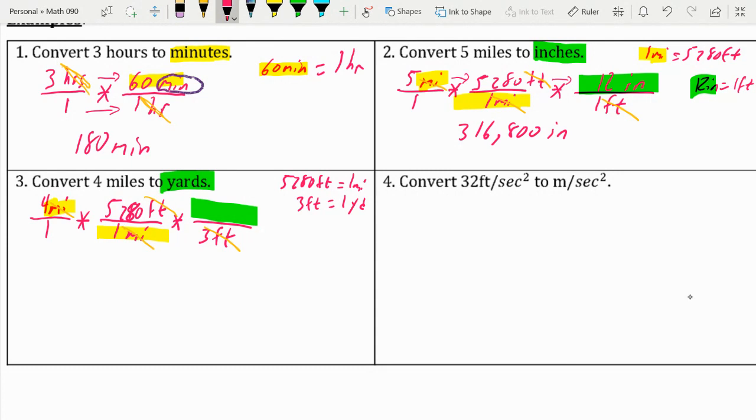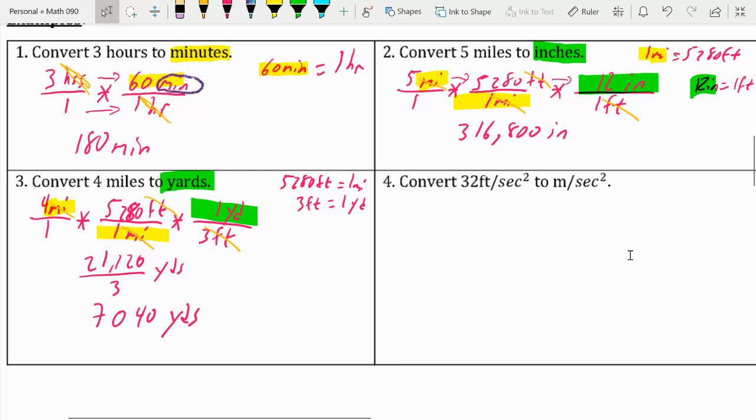So we end up with 1 yard in the numerator. Again, you're multiplying straight across. We end up with 21,120 over 3 yards. And then once you simplify, 7,040 yards.